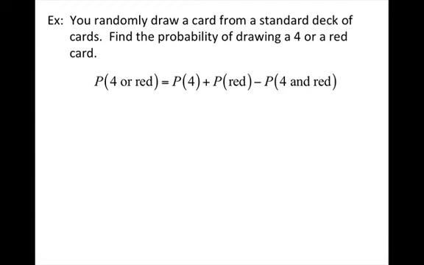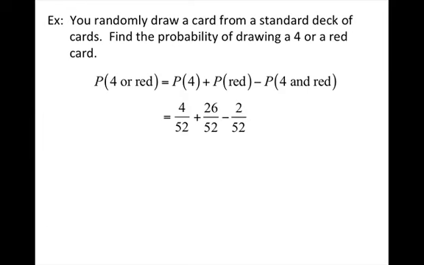Well, there's 4 4s in the deck, so the probability of drawing a 4 is 4 out of 52. There are 26 red cards in a deck, so the probability of drawing a red is 26 out of 52. In a deck of cards, there's 2 cards that are red 4s, the 4 of hearts and the 4 of diamonds.